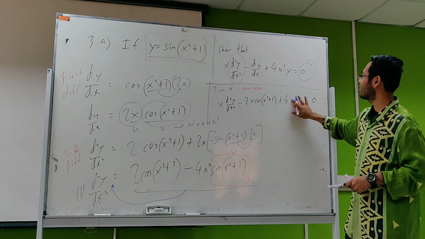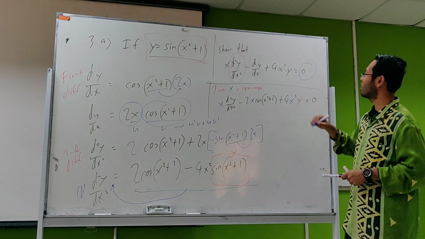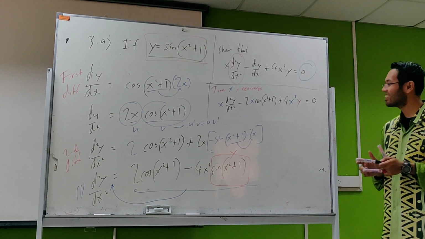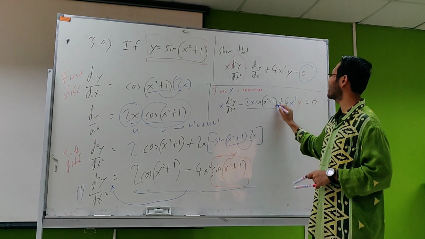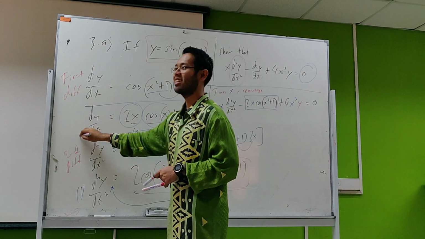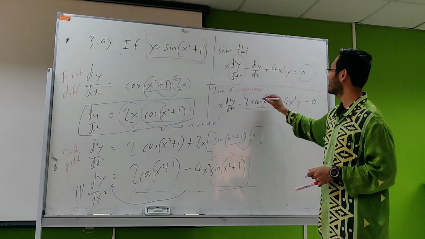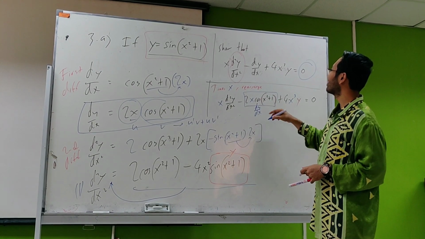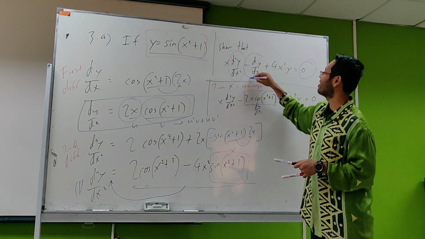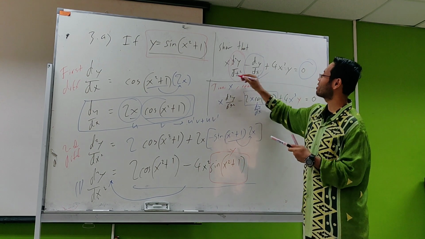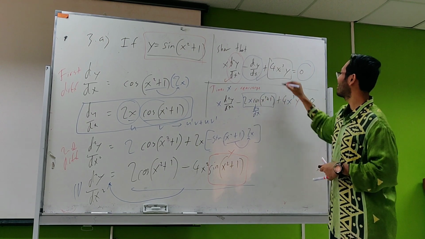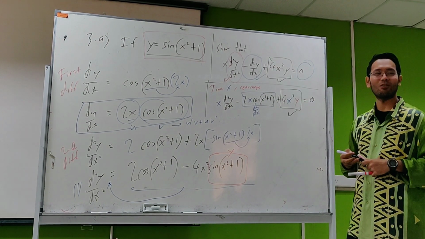Now things are getting a lot easier. What can you see? So one x, this thing here is the same as dy dx. Yes. And yeah, we got what we want, right? We are trying to show this one, this one, and magically we got this one here as well. So was it that difficult?